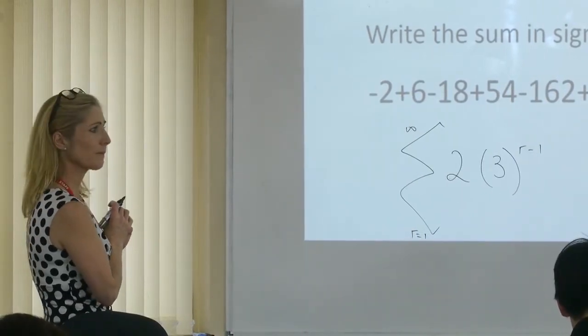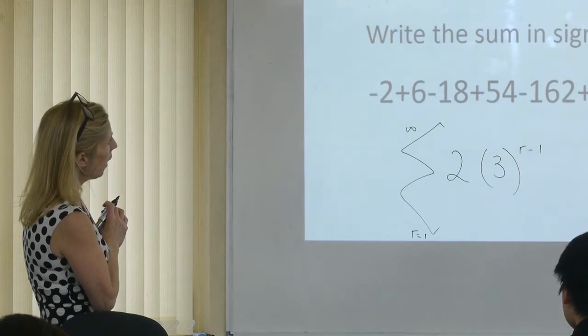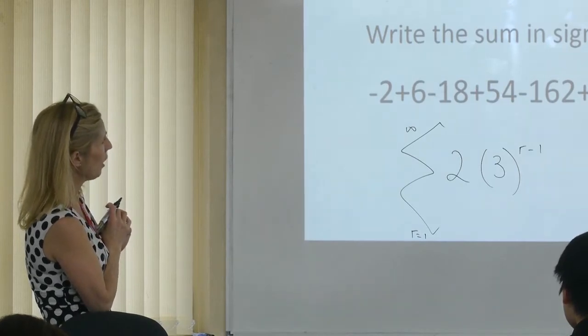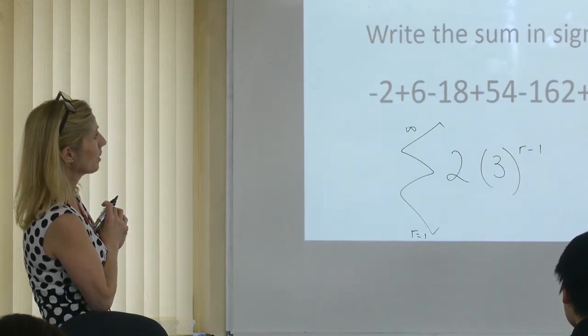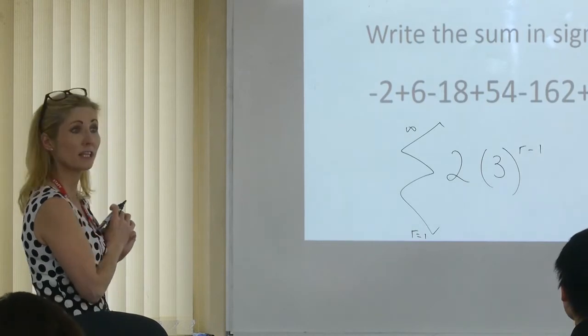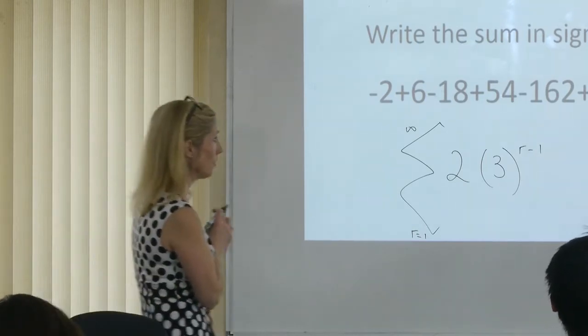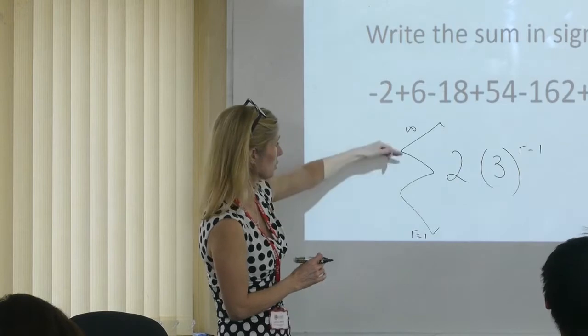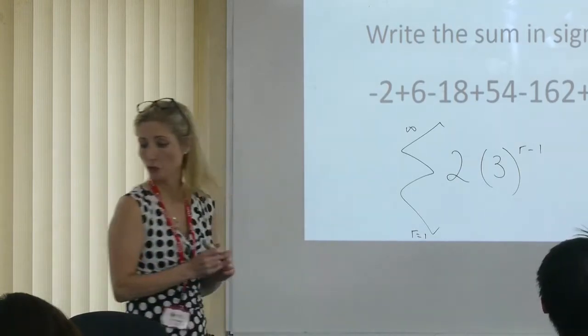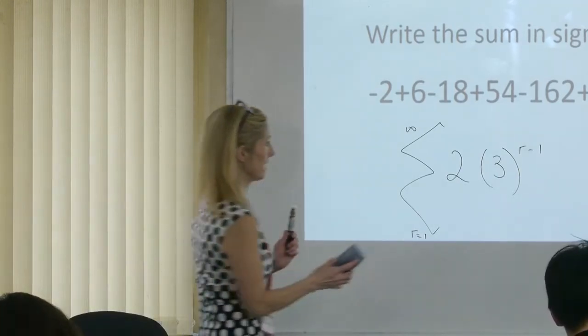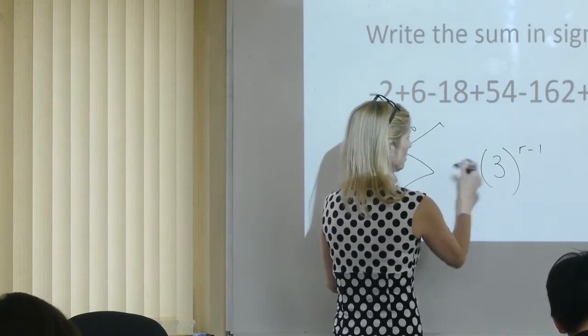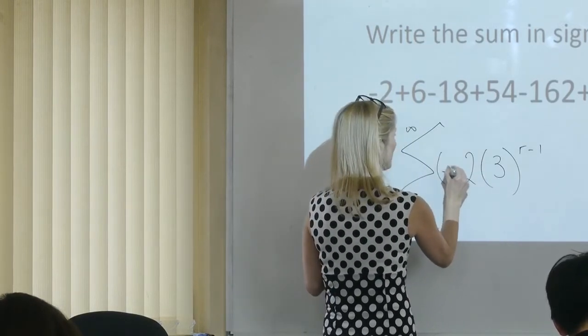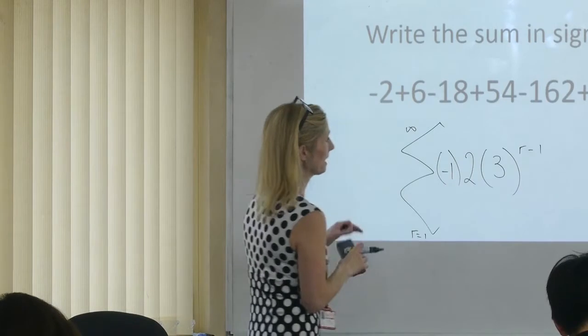Right, Zaid. We want it to oscillate on the first, the third, the fifth, and so on. What do we need to do to make sure that it oscillates on the correct term number? If we put minus 1, what do we need to make sure?